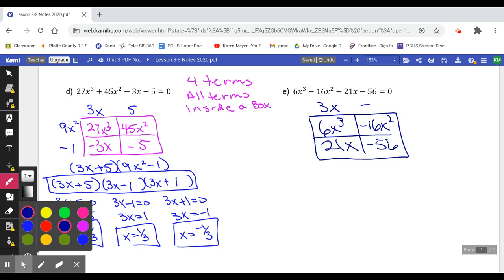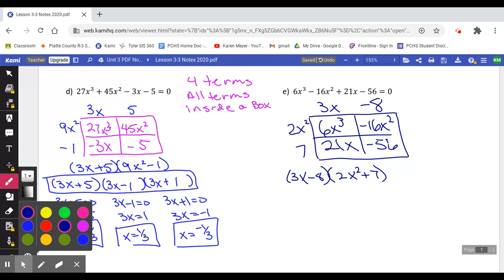And then the highest thing that goes into each number is 8. Sideways, I could take out a 2x squared. And the highest thing that goes into both those numbers is 7. So 3x minus 8 and 2x squared plus 7.